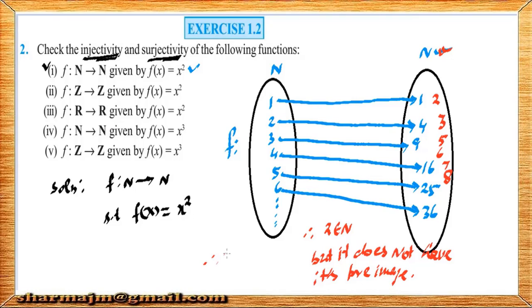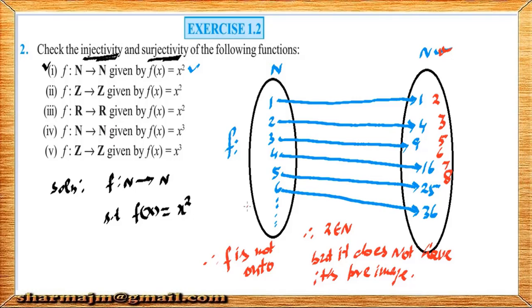Therefore f is not onto. So therefore f is one-one but not onto.